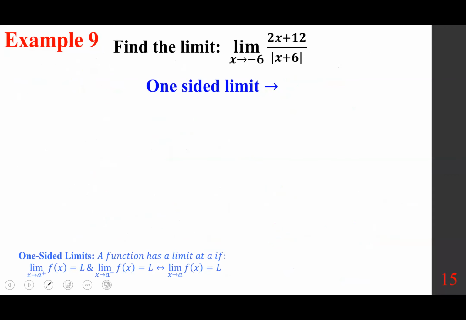We want to find this limit, the limit of 2x plus 12 over the absolute value of x plus 6 as x approaches -6. We are going to go with one-sided limits. And so we take the same limit as x approaches -6 from the left.